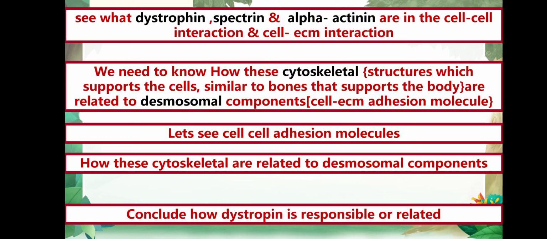We need to know how these cytoskeletal structures are connected to each other. You know cytoskeletal structures give support to the cell, similar to bones that support the body. We will also see the desmosomal component. Okay, so let's see a video and then we shall continue on this question.